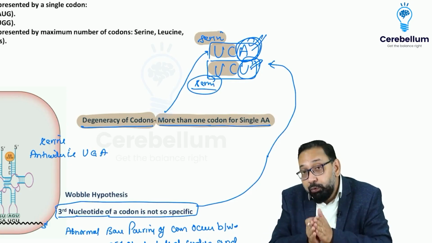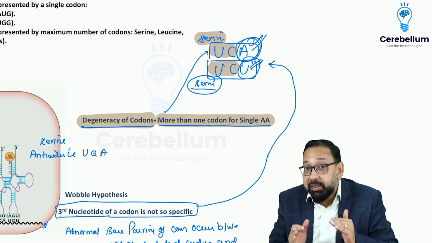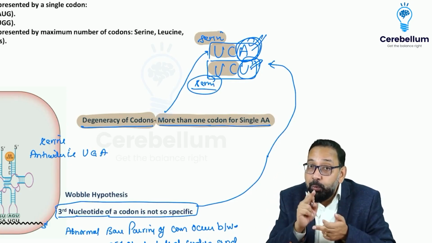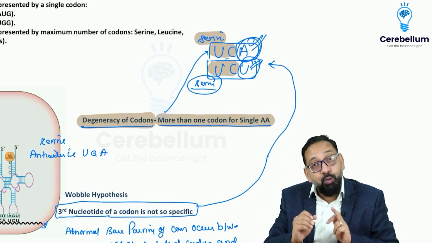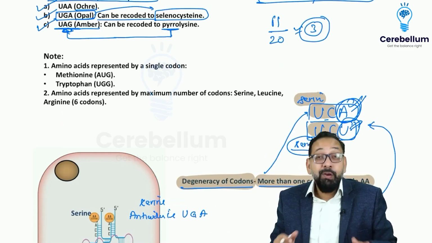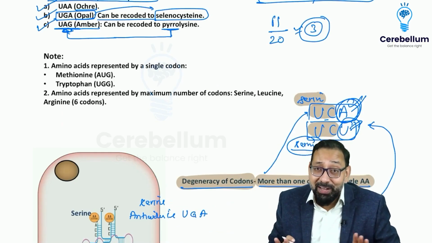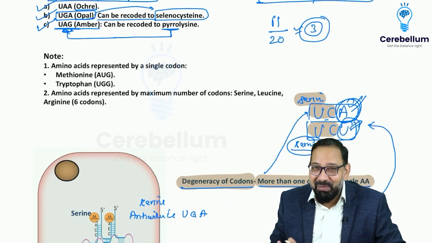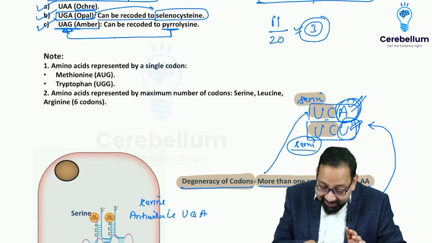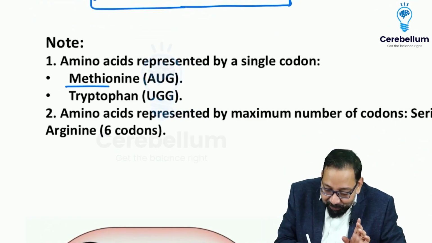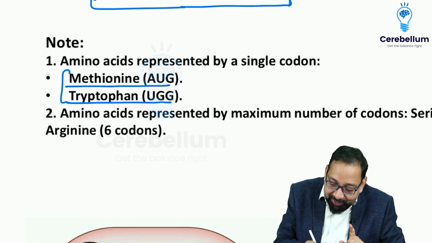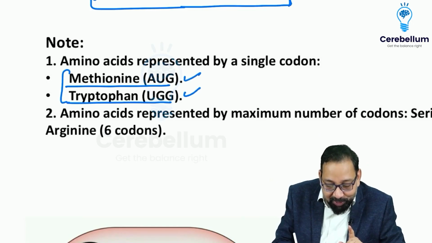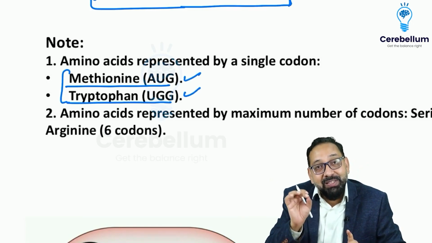It means if you change the third nucleotide, there are chances that the new codon may code for the same amino acid, just like UCA and UCU. Most amino acids are not loyal, meaning they have more than one codon. But these 2 amino acids, methionine and tryptophan, are loyal. They have only one girlfriend or boyfriend: only one codon, meaning they don't show degeneracy.